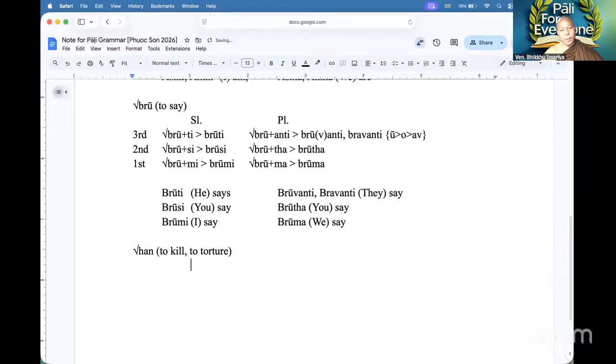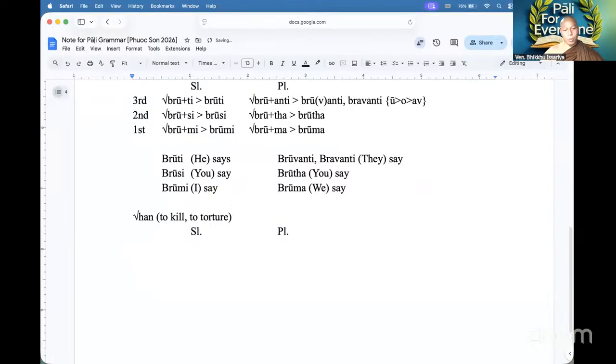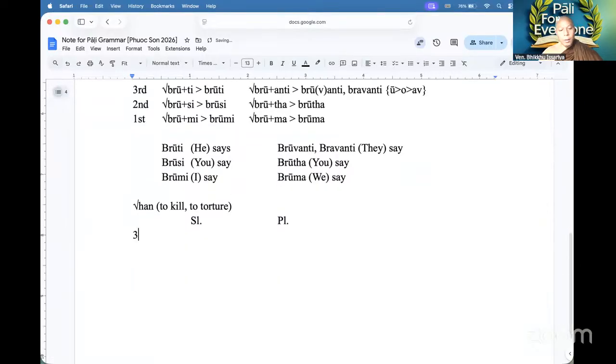In the singular and in the plural, in the tabase, singular, ru is han, and then di, so we have han di.